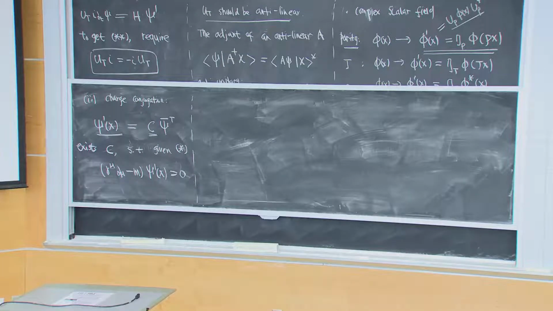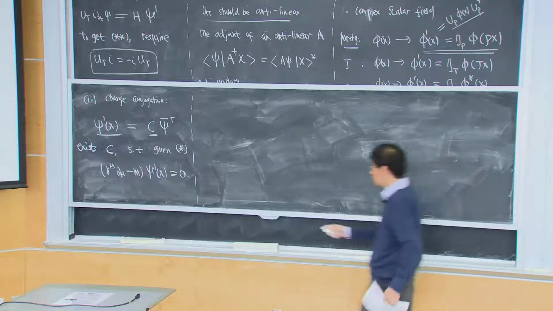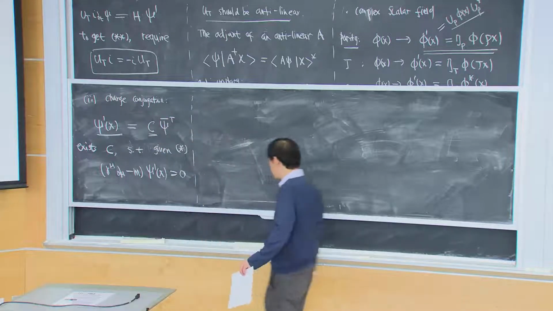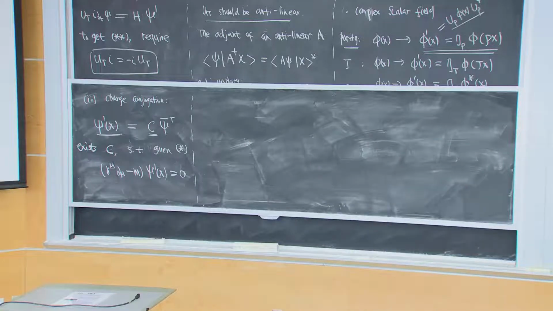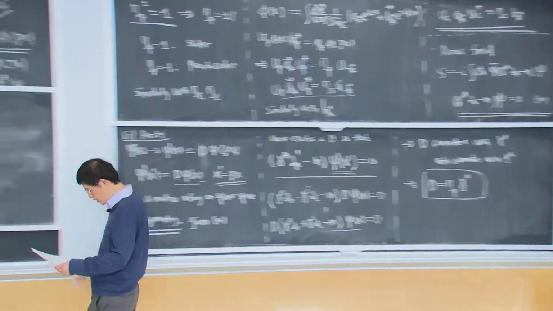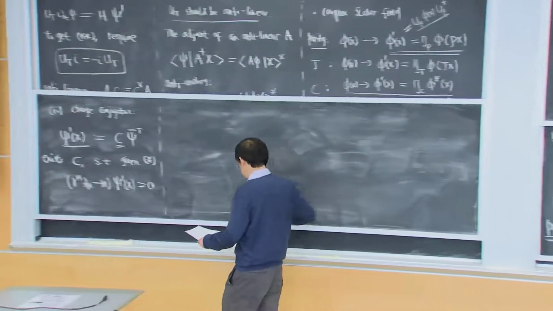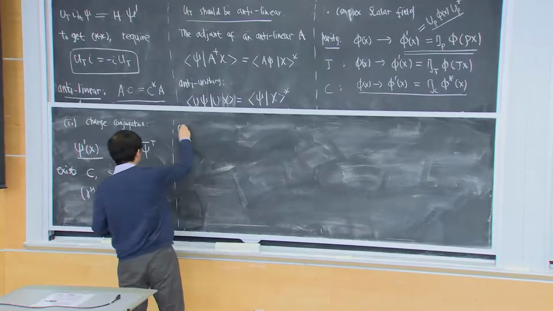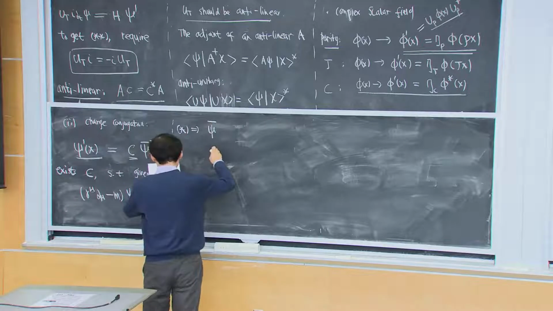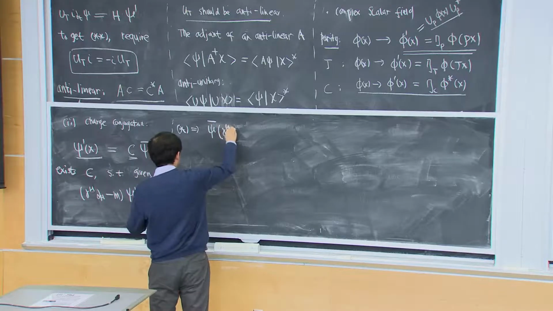Since psi prime is related to psi by taking the bar and the transpose, let's first do the bar for this equation and then do the transpose. When you do the bar operation from that equation star, it gives the bar equation satisfied by psi bar. You can easily check yourself.